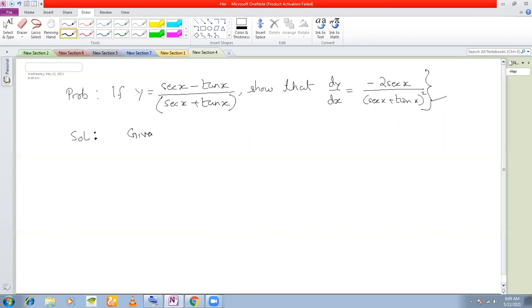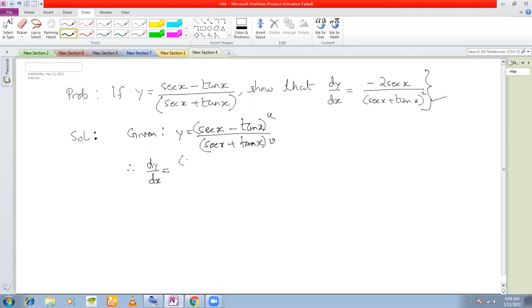So given y is equal to sec x minus tan x divided by sec x plus tan x, therefore dy dx here is, use u by v rule. Consider this entire function as u. Consider this entire function as v.